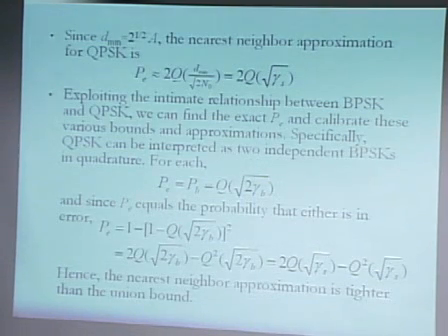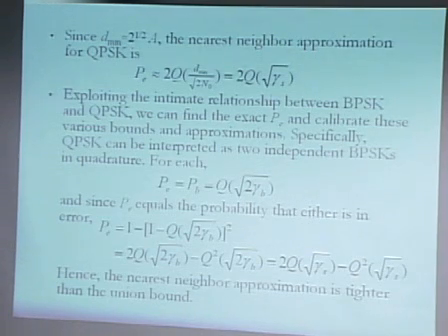Now, for QPSK also, as in BPSK, we can get the exact expressions for PE without integrating. And the key to doing this, the trick is to exploit the intimate relationship between BPSK and QPSK. So even though apparently for QPSK we had to integrate to get the exact PE, we can express QPSK as the product of two BPSKs, orthogonal. Okay, so we can take this to be a BPSK on the I-axis and a BPSK on the Q-axis.